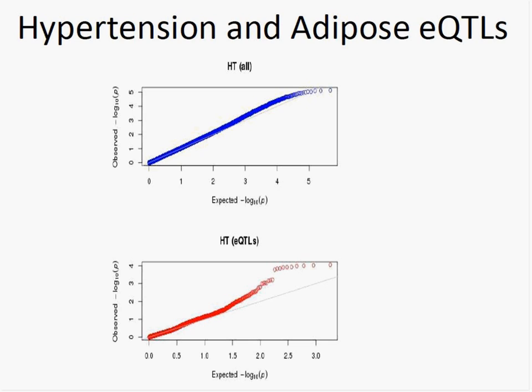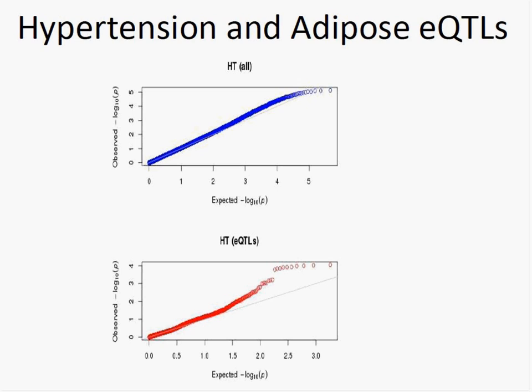And so what I'm going to be showing you is examples of studies that we have conducted within GTEx where we're trying to understand better the relationship of these eQTLs to associations detectable in the context of GWAS. And in blue here is simply the QQ plot for the hypertension phenotype from the Wellcome Trust Case Control Consortium.